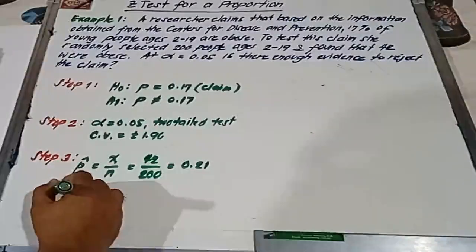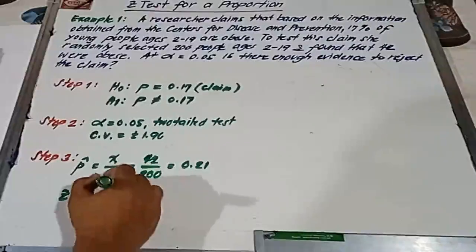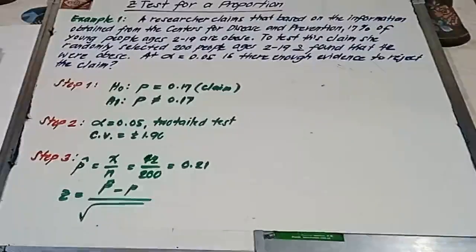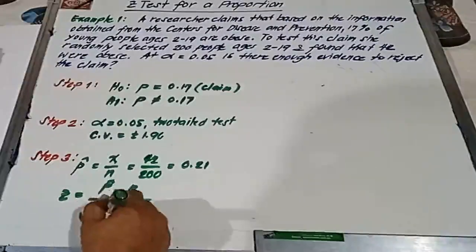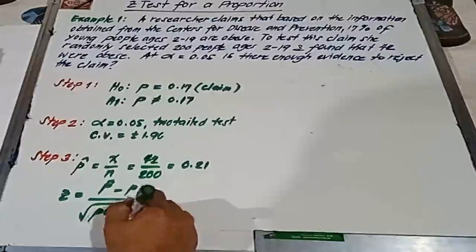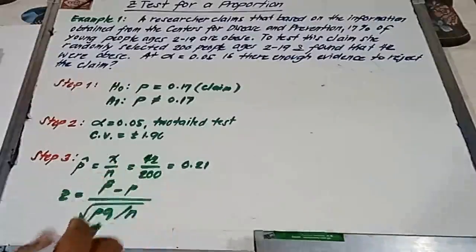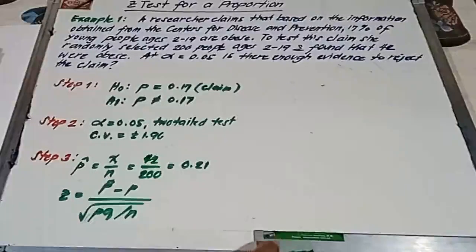Now, to compute for z value, we have p hat minus the population proportion all over the square root of pq over n. Okay? So, kunin muna natin yung q. Yung 17%, yun yung proportion of the population na kung saan obese. Okay?